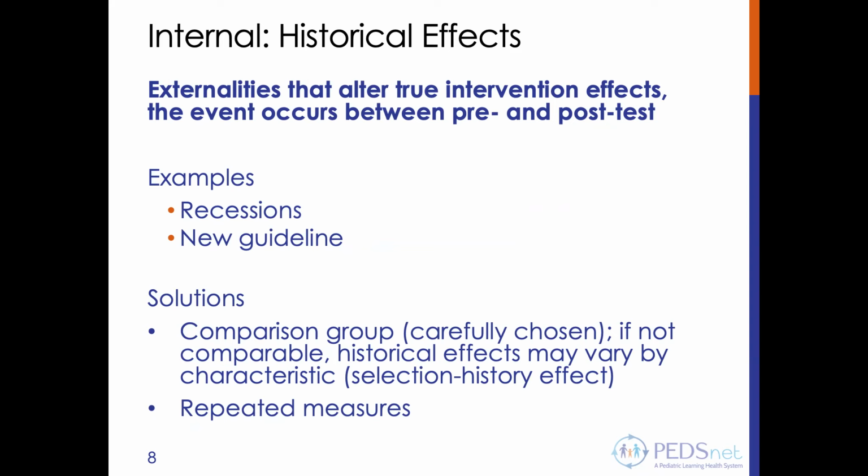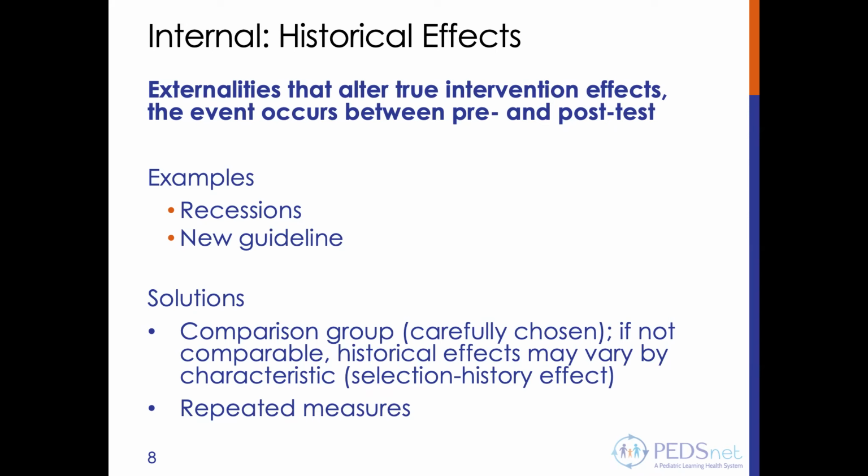All right, the first one is historical effects. Now, these are, as economists say, externalities that can alter the intervention effects. These externalities need to occur between your baseline assessment and the post-test or the follow-up assessment. Let me give you an example. Let's pretend for a minute you're assessing an intervention that's intended to reduce levels of anxiety.